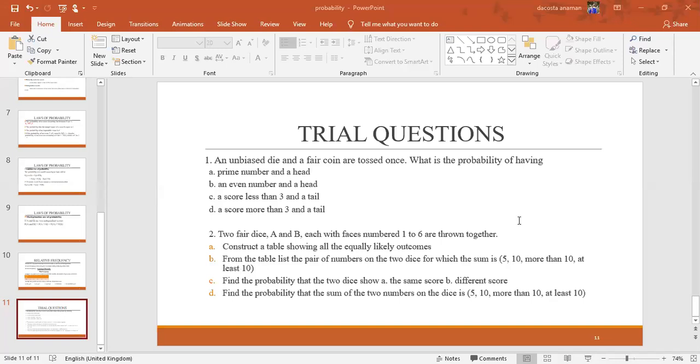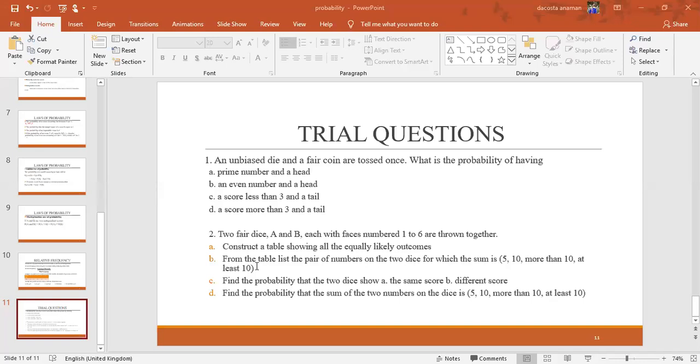So the second one, you'll be constructing the table yourself and you use it to answer the question yourself. 2 fair dice, A and B, each with faces numbered 1 to 6, are thrown together.